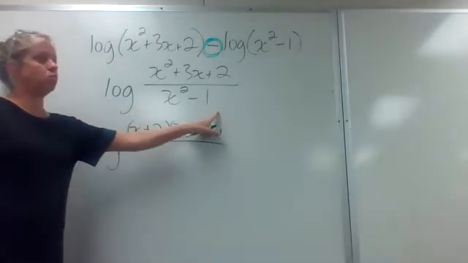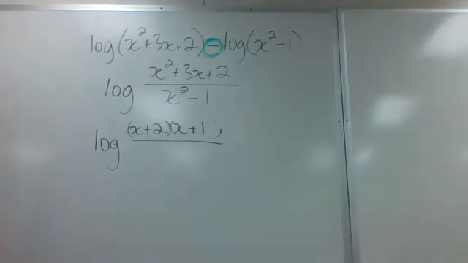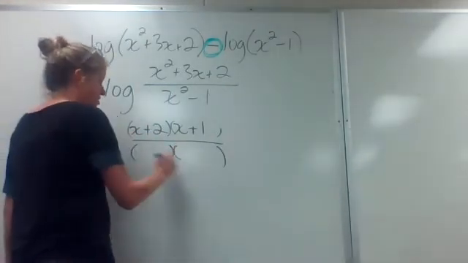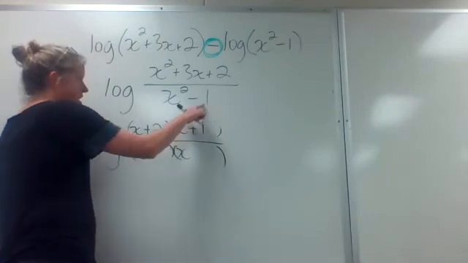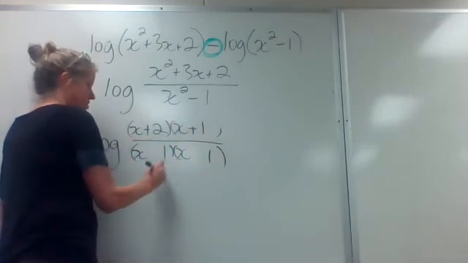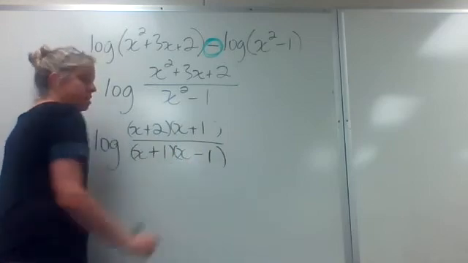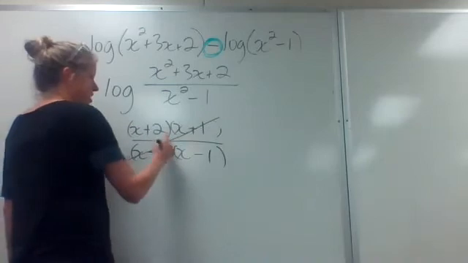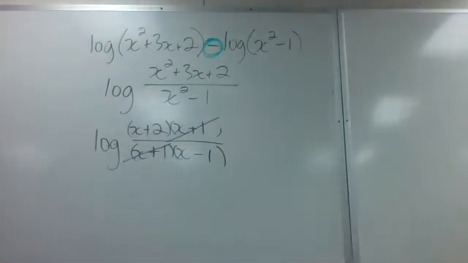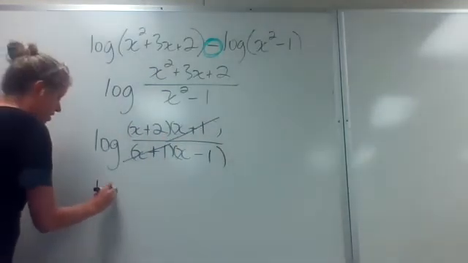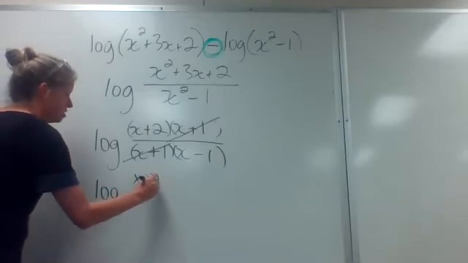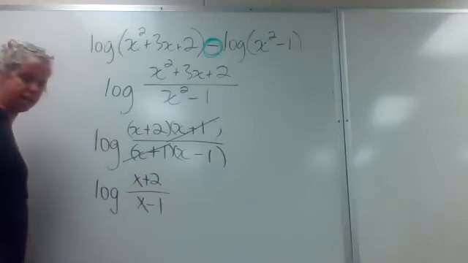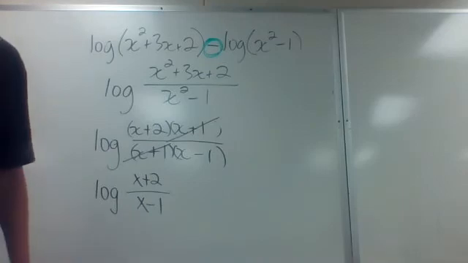X squared minus 1 is a difference of perfect squares. So it's going to be x and x for x squared. And then how do you multiply to get 1? Right, you're going to have plus 1 and minus 1. The x plus 1s will cancel. So you're just going to be left with log of x plus 2 over x minus 1.